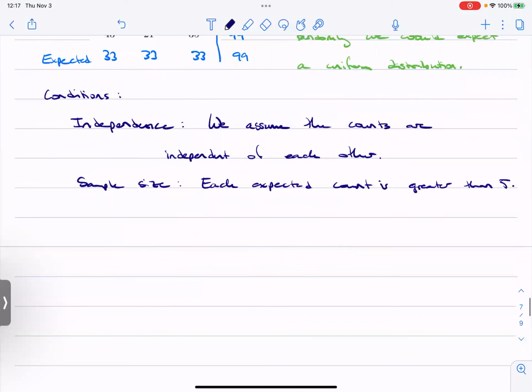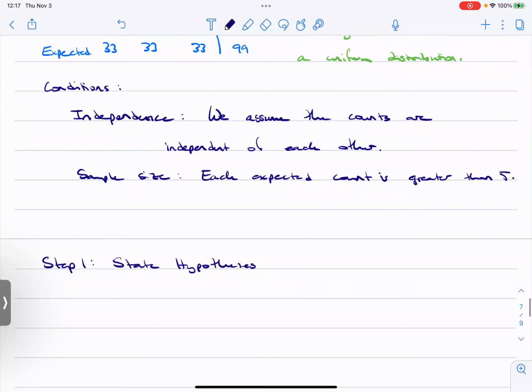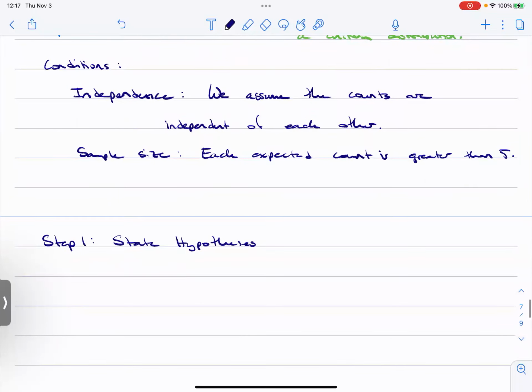Fresh page. State the hypotheses. From the formula sheet, it just says the observed distribution is equal to the expected distribution. Let's get a little more specific here.